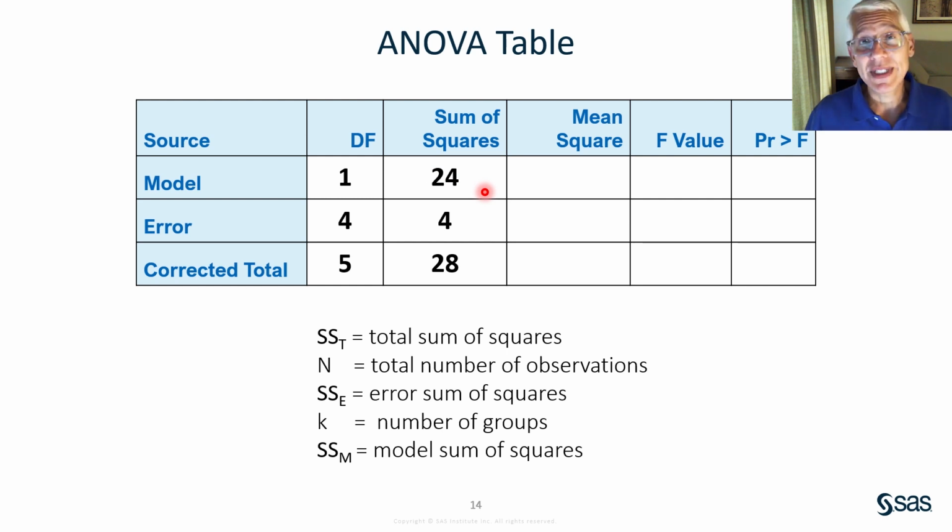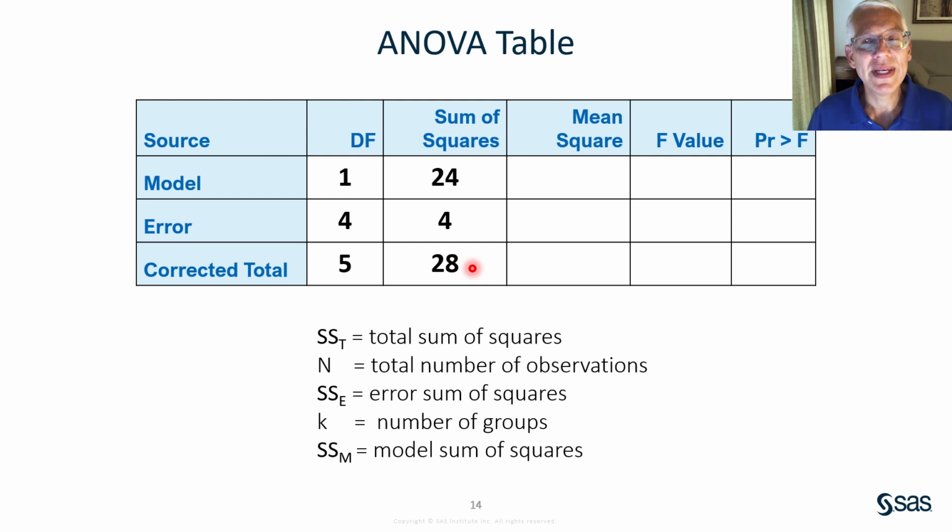Now, one of the interesting things that you might notice at this point with my ANOVA table is that if I add the model degrees of freedom with the error degrees of freedom, I get the total degrees of freedom. And the same thing happens with my model sum of squares and my error sum of squares. They're actually going to add together to be the total sum of squares.